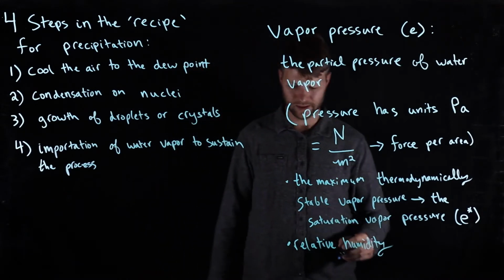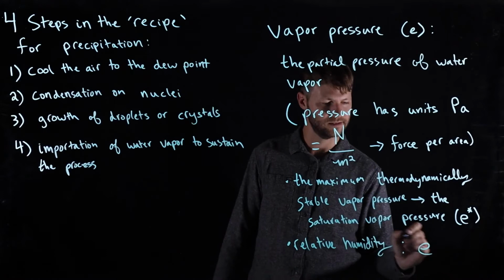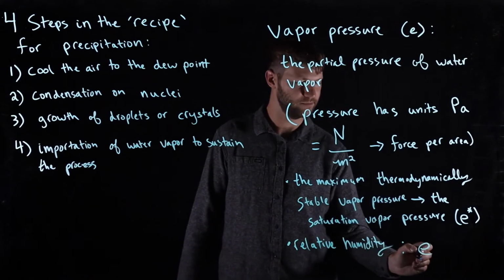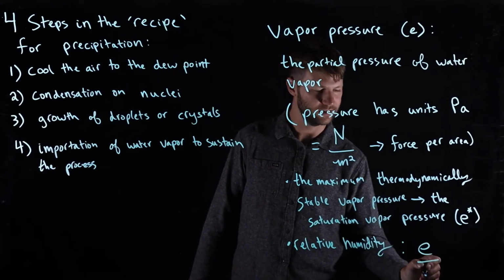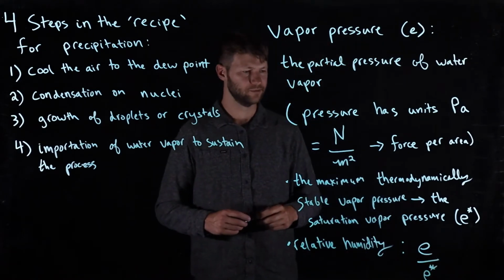And so this is described simply as the ratio of the actual vapor pressure of the air divided by, at that temperature, the saturation vapor pressure.